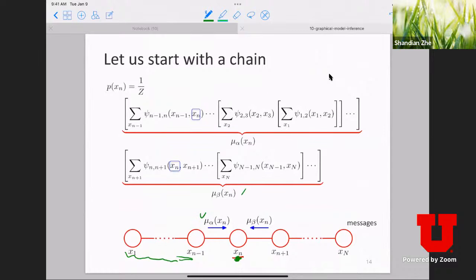And again, the summation or aggregation of the potential product from right to left is denoted by the backward message mu beta of xn. So the good thing is that if we look at this nested computational procedure, we can summarize a recursive formula.